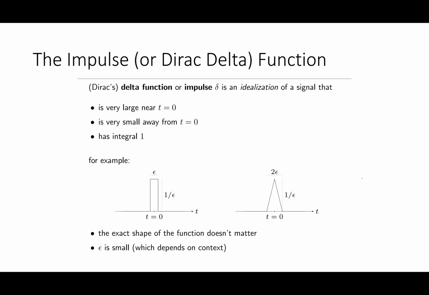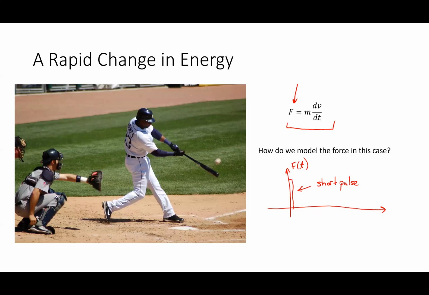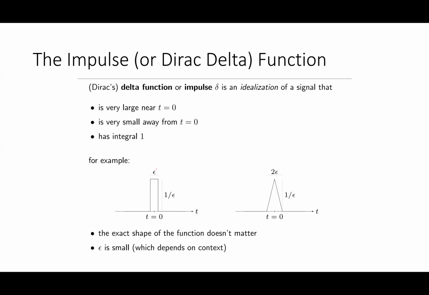Let's shorten this pulse, moving it closer to 0. I've got this pulse, which has a height of epsilon and a width of 1 over epsilon, and then I'm going to let epsilon go to 0.